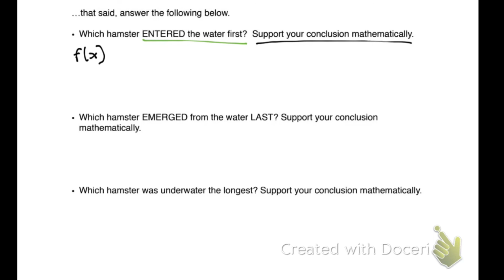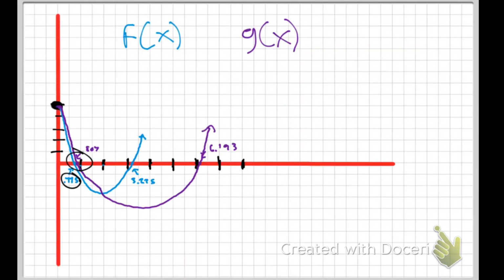Which hamster emerged from the water last? We know that they both jumped from 5. They hit the water in less than a second. Which one emerged from the water last? Well, f of x came back up after 3.225 seconds, and g of x emerged after 6.193 seconds.